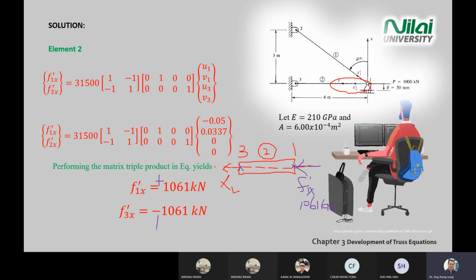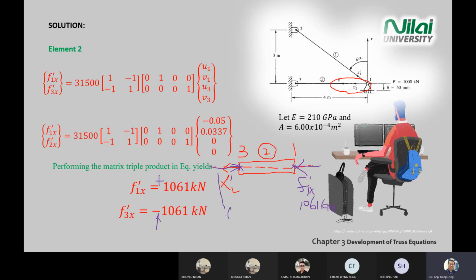You get a negative. Where does it point? Point to the left or point to the right? It points to the right. Why point to the right? Because it's negative, and then your x prime direction is to the left, right? Yes.